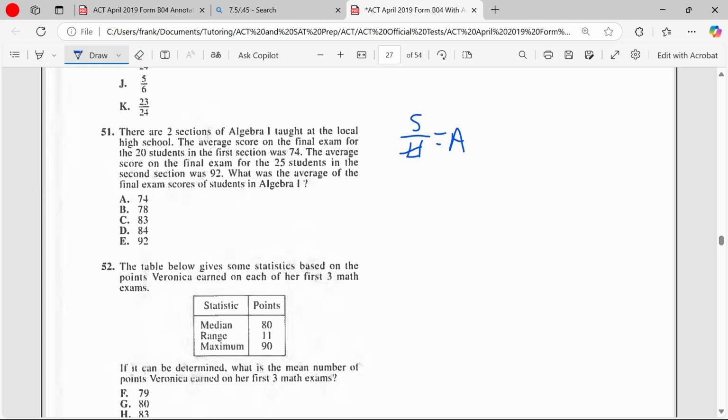Well, for the first group, it was an average of 20 students. So the sum of scores divided by 20 equals 74. The sum is 74 times 20. You can do that on a calculator. 740, that's 1480.